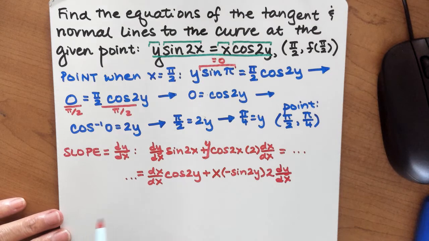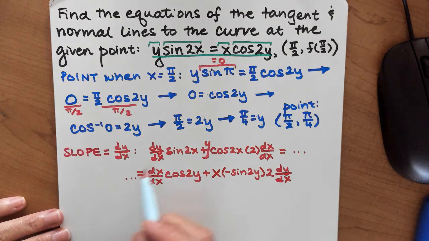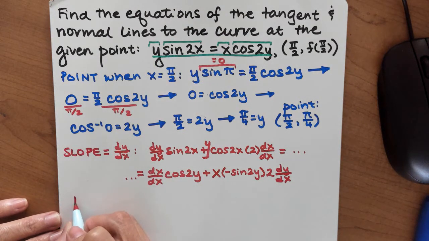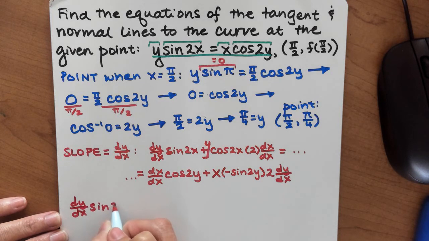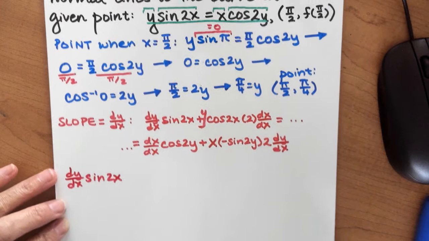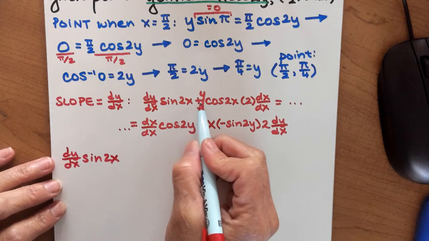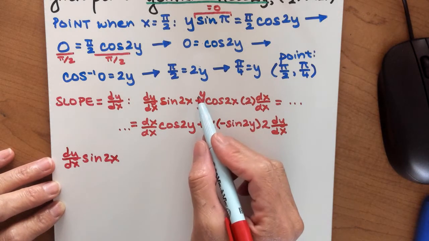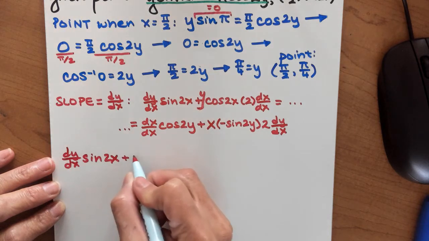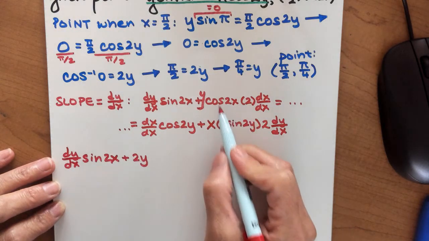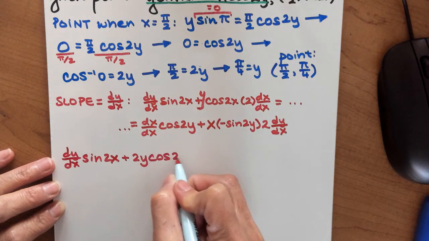Alright, let's clean this up and just write this in one line. So I have dy dx sine 2x plus 2y, I'm going to move that up here, 2y cosine 2x.